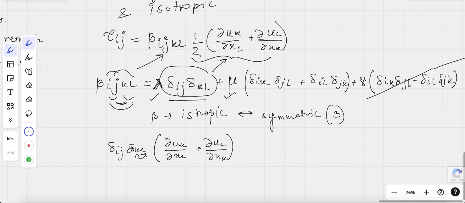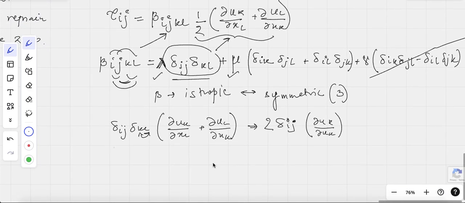We will use only this Kronecker's delta. Delta ij will remain because there is no ij term within the bracket, and this will become twice du_k by dx_k, because we will be replacing l's with k's. All the l terms will become k terms, right?